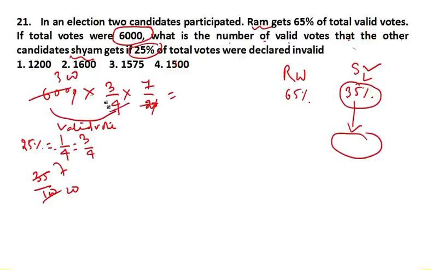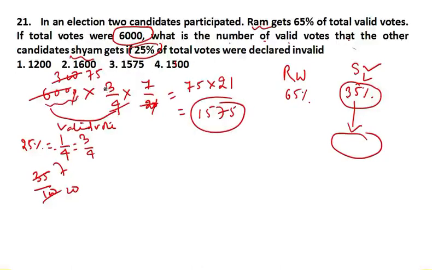Now 300 divided by 4 gives 75. So 75 into 21 will be 1575. Simple, right? This is the total vote, and out of the total vote the valid is 3 by 4, and it is asking how much Shyam got. So basically it is asking for the 35% value. The 35% value is 1575. I hope this point is clear.